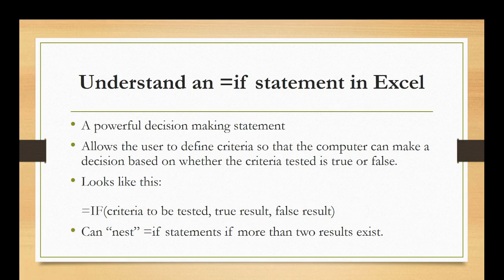And if you have more than two decisions within one equals if statement, you can nest them. I'll be demonstrating this shortly. You might want to take a moment to pause the video right now and take another look at how an equals if statement is set up.